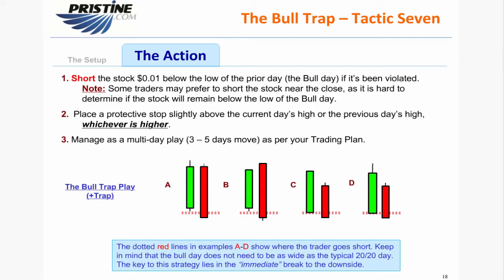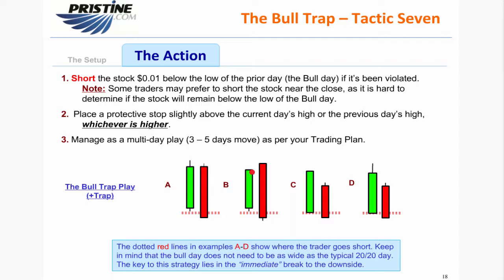Now, this could sometimes trigger as a sell setup too. I mean, you could have had a multi-day move up, and then this bull trap is what triggers a sell setup, right? So that could be the case. Now, what I want to bring your attention to is what's happening here at B and C, because not only is this a bull trap at B, but it could also be, if we had at least one other day up, a gap and crap, right?